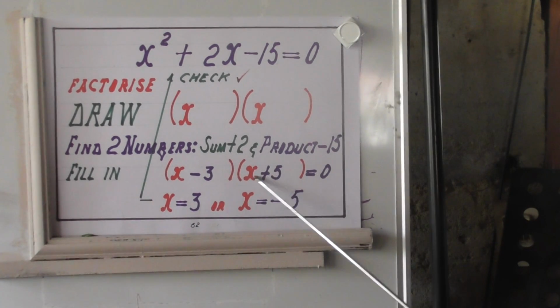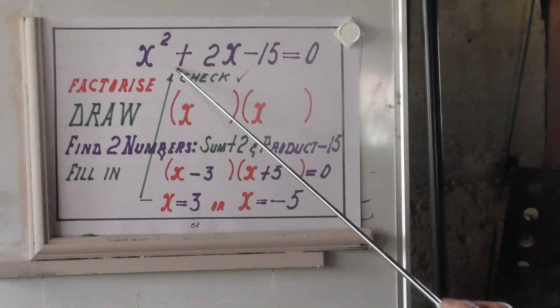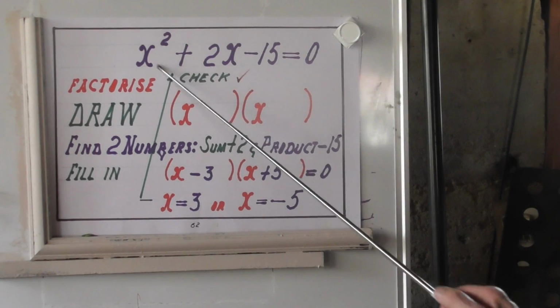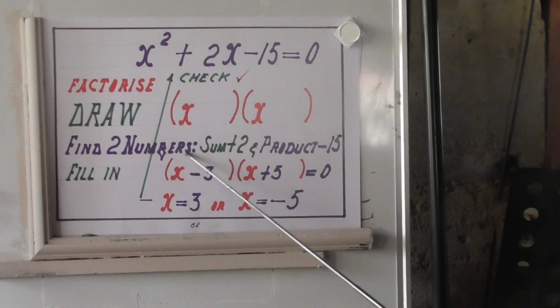Positive 5, negative 3, the sum is positive 2, tick. So instead of this equals naught, we have x negative 3 times x positive 5 is naught. Two possibilities. This can only be naught if x is 3.